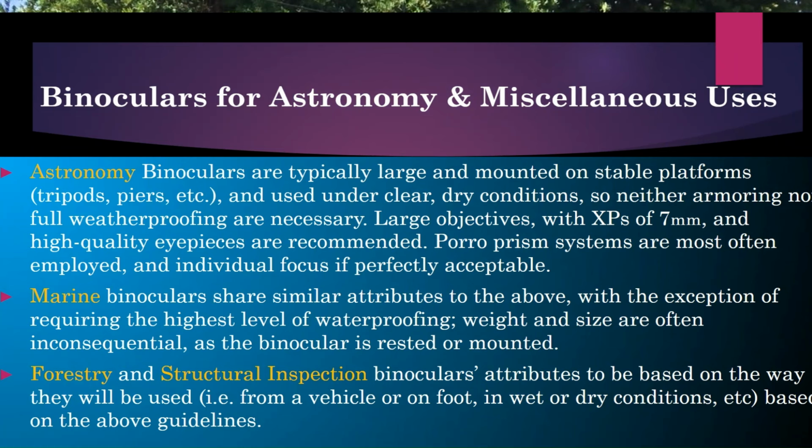For astronomy, you typically don't need waterproofing, because you're going to use it in your backyard when it doesn't rain. When it's raining, there are clouds, you cannot see the sky, and very often you will stabilize that binocular on a good sturdy tripod. And so then you don't really need waterproofing.